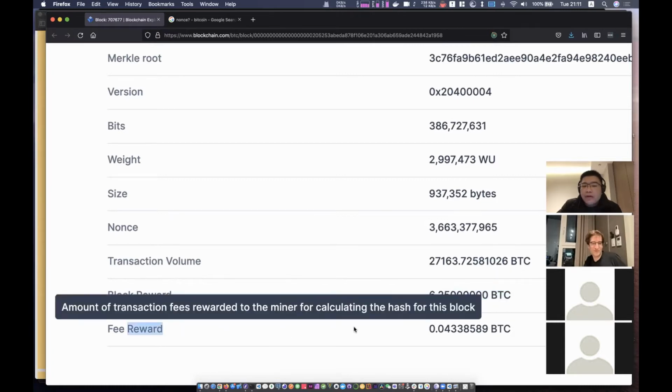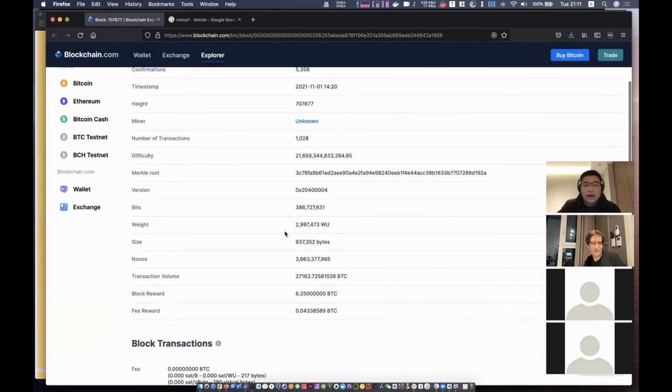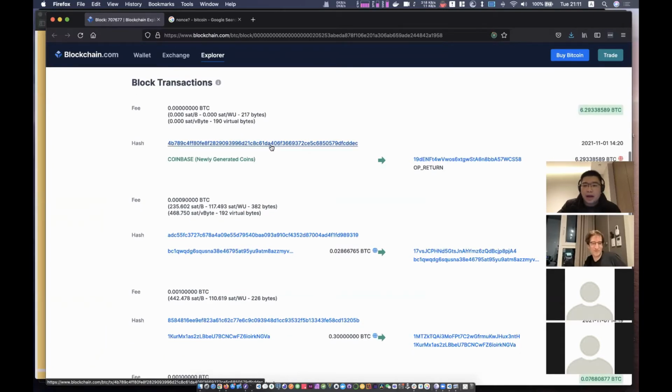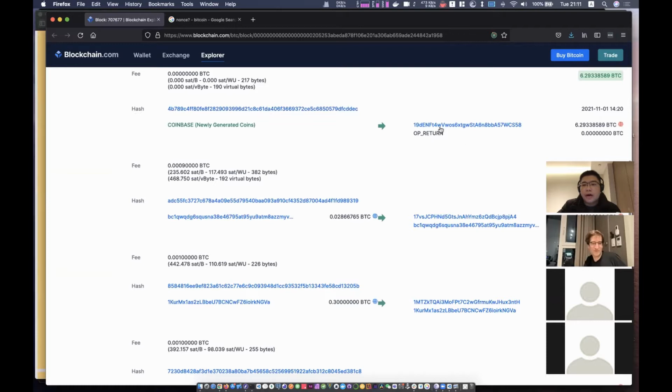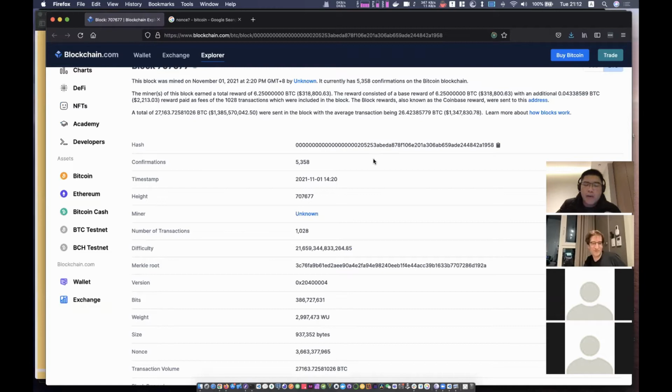The fee reward comes from the transactions. When people make a transaction, they have to pay a gas fee, which also goes to the miner. Below, you can see a public address, and how they can transfer, with spent and unspent BTC. This is all the information for one block.